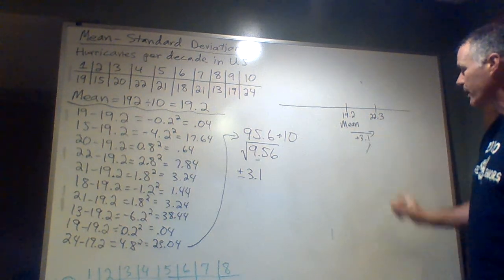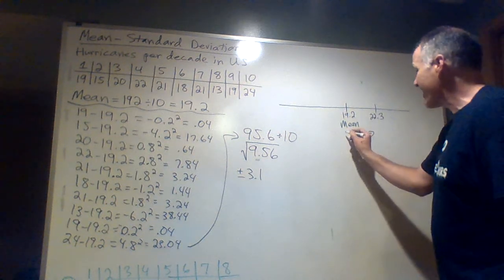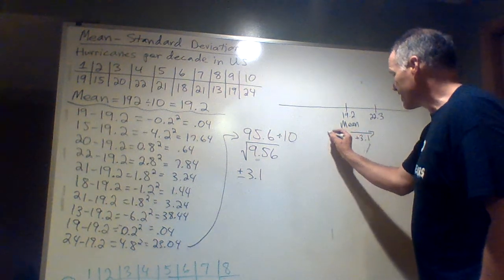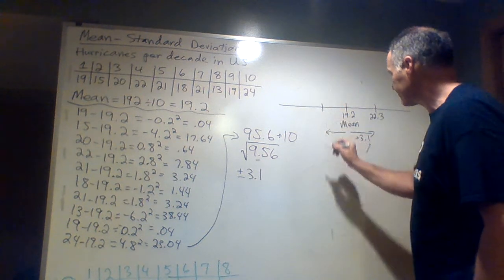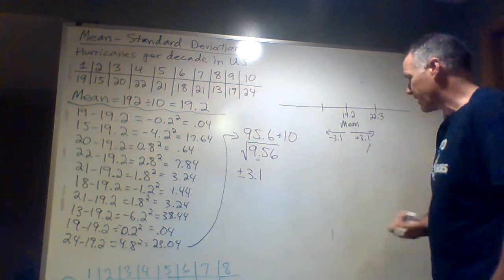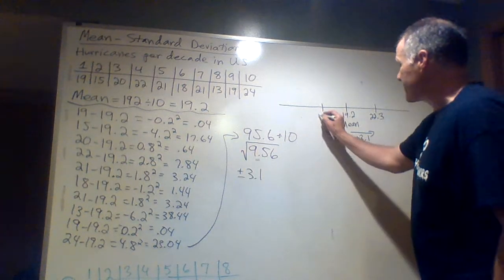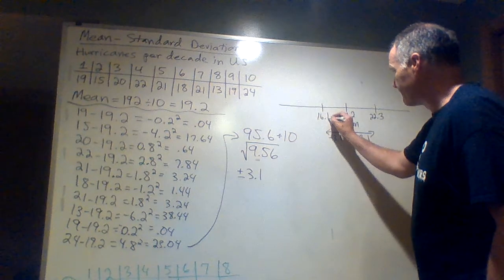And for my lower standard deviation point, that's where the negative comes in, I subtract 3.1 from my mean, and that's going to be 16.1.